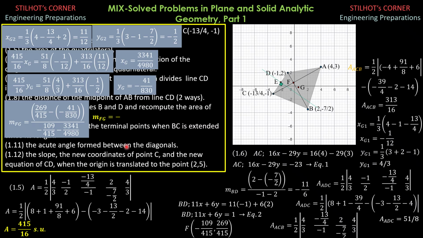So solving, the slope of FG equals negative 3474 over 4649. So that's it for this video.